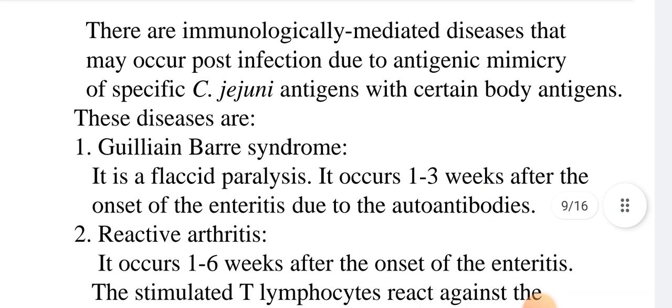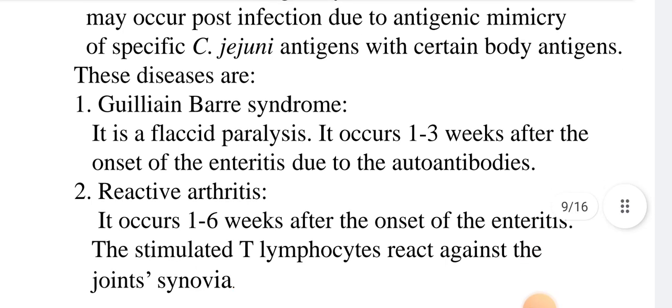There are immunologically mediated diseases that may occur post-infection, after infection, due to antigenic mimicry of specific Campylobacter jejuni antigens, because this is the commonest, with certain body antigens. Antigenic mimicry means antigenic similarity. These diseases are: 1. Guillain-Barré syndrome. It is a neurological disease.